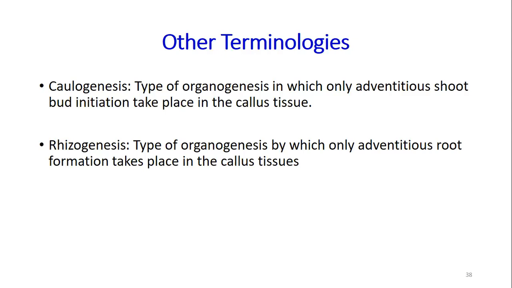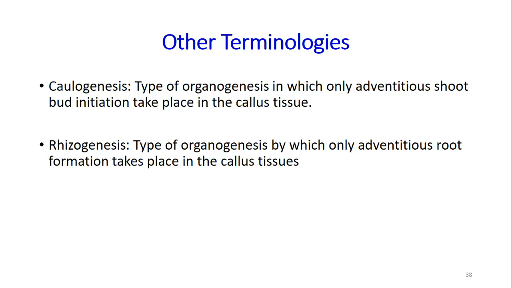There are other technologies that you may find under regeneration. One of them is called calogenesis. It's a type of organogenesis in which only adventitious shoot buds initiate in callus tissue. So when you have adventitious shoot bud initiation taking place in the callus, then it is called calogenesis.